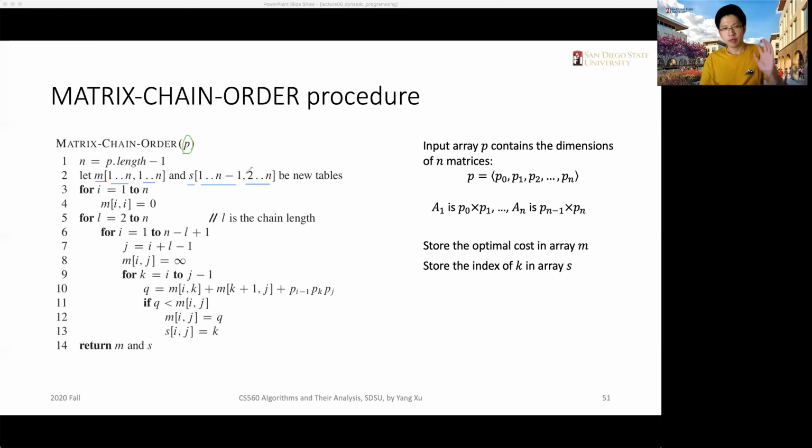So we'll see why we need this. It's okay if we don't immediately see the why behind the S matrix, okay? And the M's will be initialized to 0. Actually the diagonal elements in matrix M, the ith row and the ith column, will be initialized to 0.